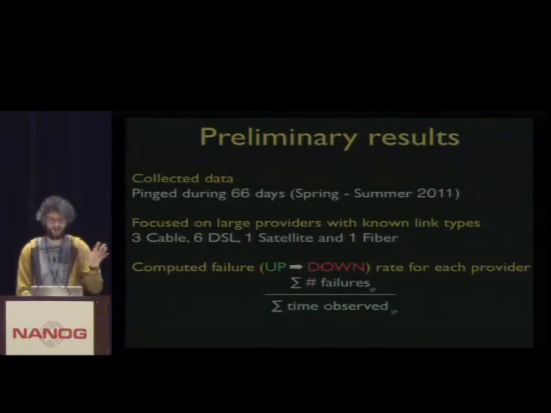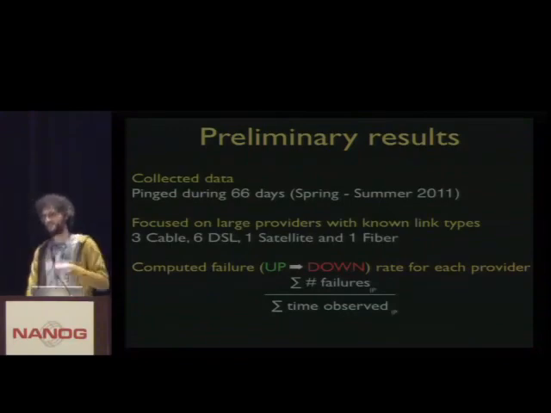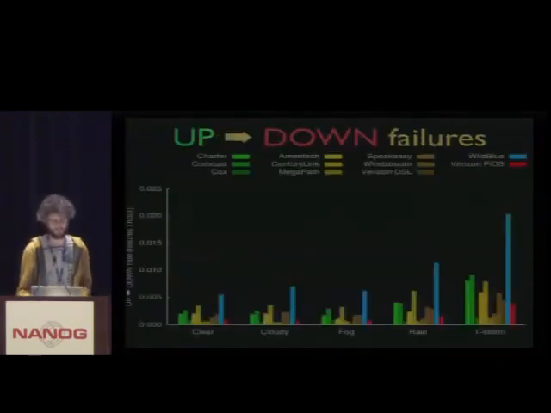That also wouldn't necessarily tell us that, but we want to look at it across providers. The simple metric we use is we add up all the failures we've seen, and we divide it by the total time that we've been looking at IPs at that host. Very simple metric. There are issues with it, but it should give us a general idea of what's going on.